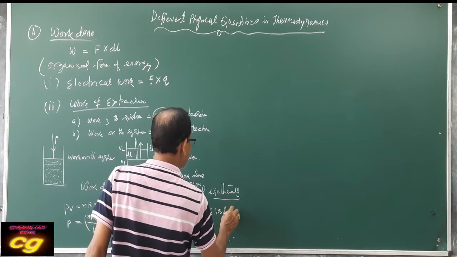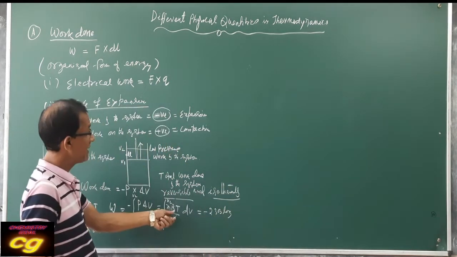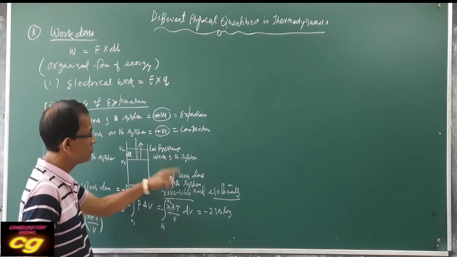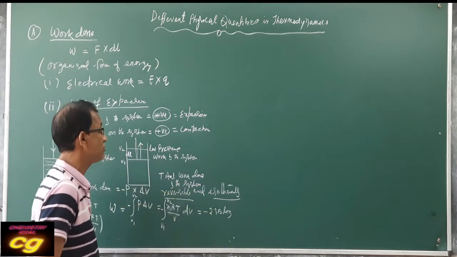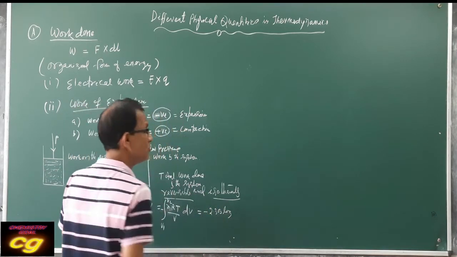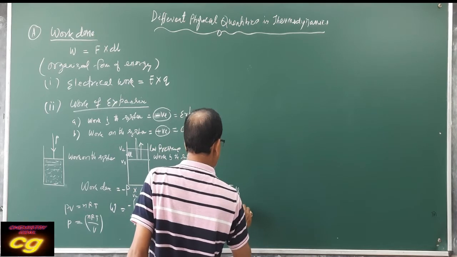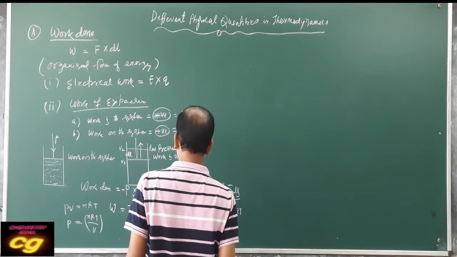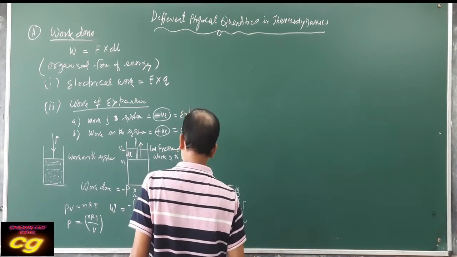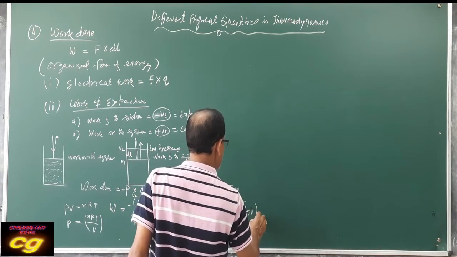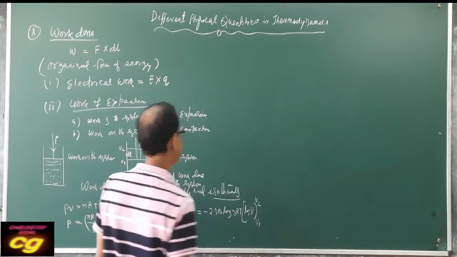2.303 log. Here n and nRT both are constant because at isothermal condition temperature is constant. So 2.303 log, then nRT. Then here integration will be log V. Volume is here V1 to V2.